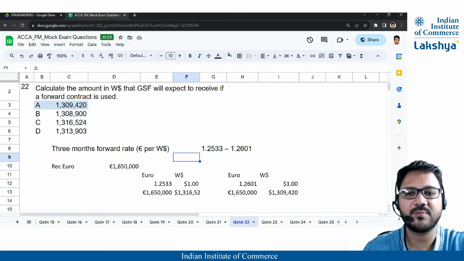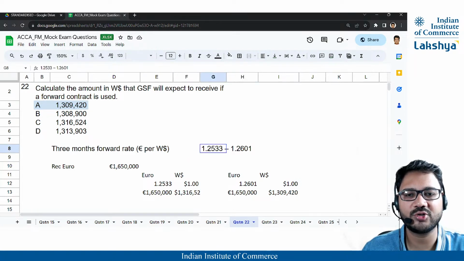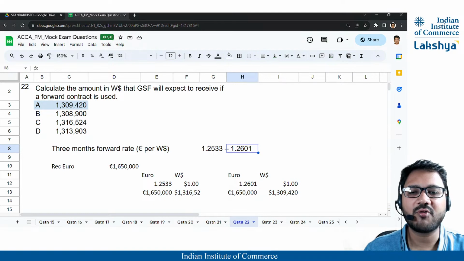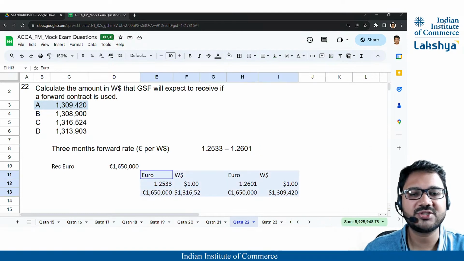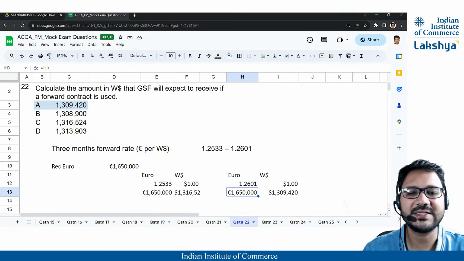So it's going to take more euros from us, that is 1.2601, and in exchange give us fewer dollars. To avoid any confusion, I would suggest you take a little more time and do this so that it's clear to you, and this is an easy 2 marks for you.